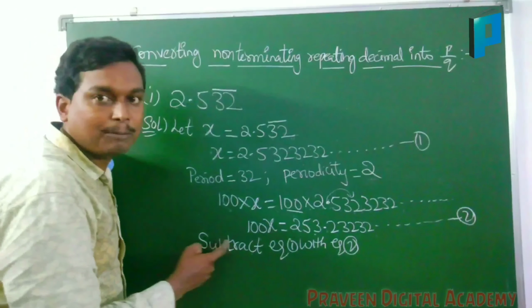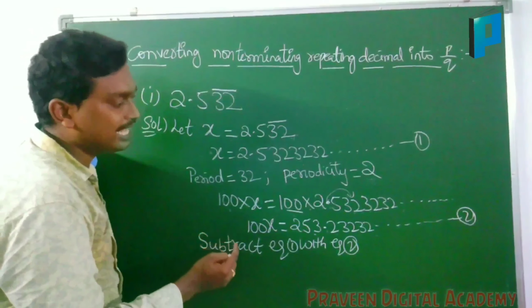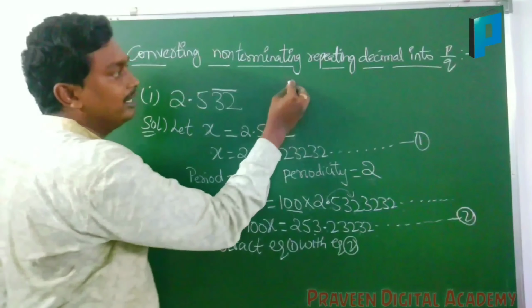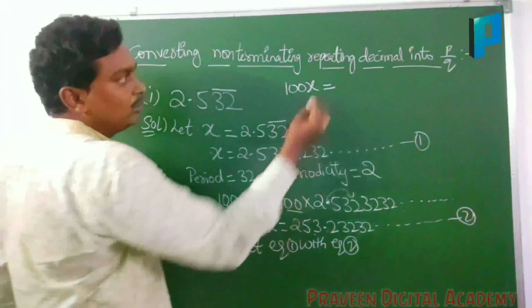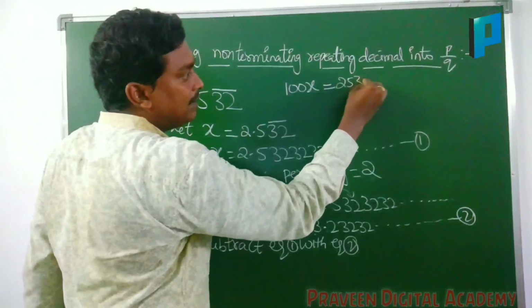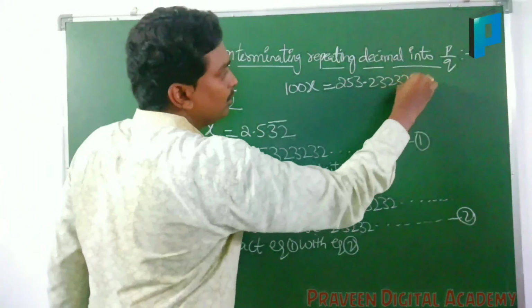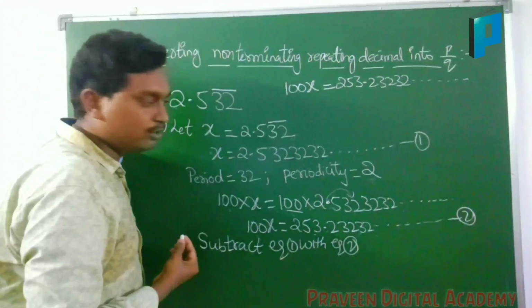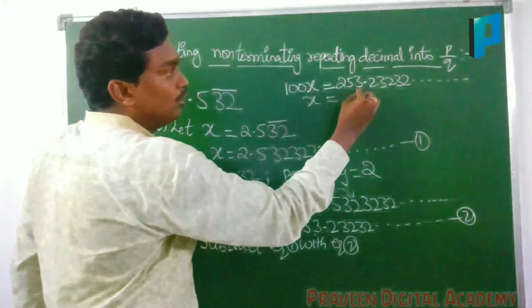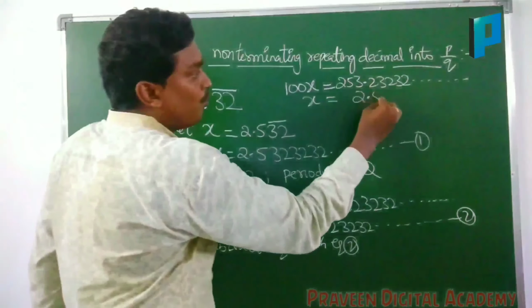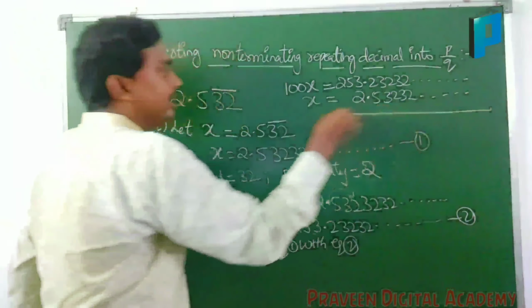Equation 2 is 100x is equal to 253.23232 and so on. Equation 1 is x is equal to 2.53232 and so on.